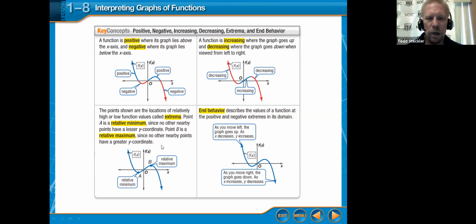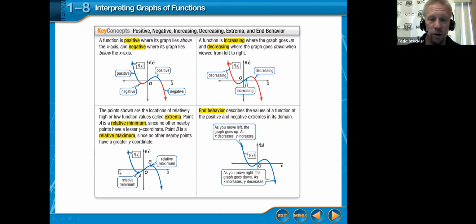We also have what are called extrema points. Extrema is a plural. The singular of extrema is extremum. So there are two extremum, a minimum, in this case a relative minimum, or a maximum, relative maximum. A relative minimum is a low point.